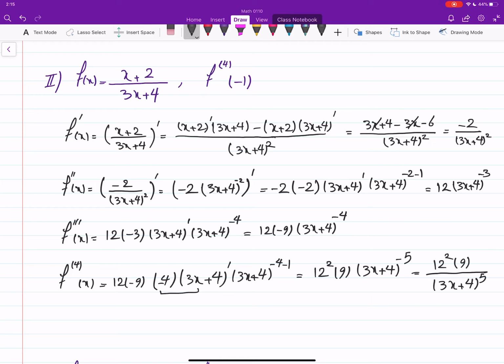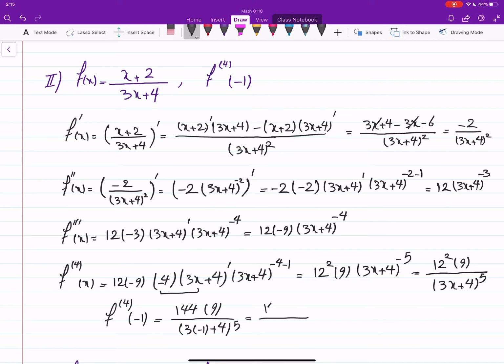Now, evaluate it at negative 1. This will be 12. Well, 12 squared is not that bad a number, but multiplying by 9 is what will make it not an easy number to grasp.